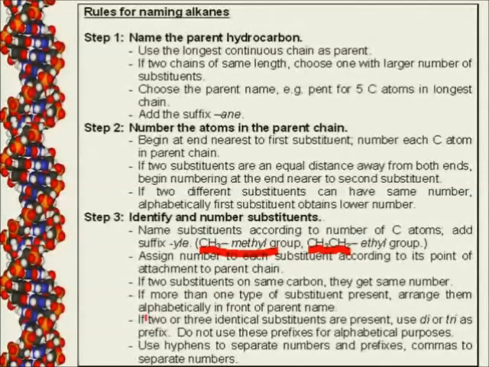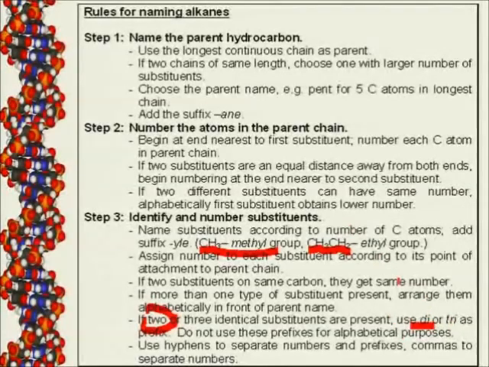And then if you've got 2 or 3 substituents that are identical, maybe we've got 2 of the methyl substituent or 2 of the ethyl substituent, then before you write methyl, you must use di. So if there are 2 of the methyls, you will name that dimethyl, or trimethyl if there are 3.